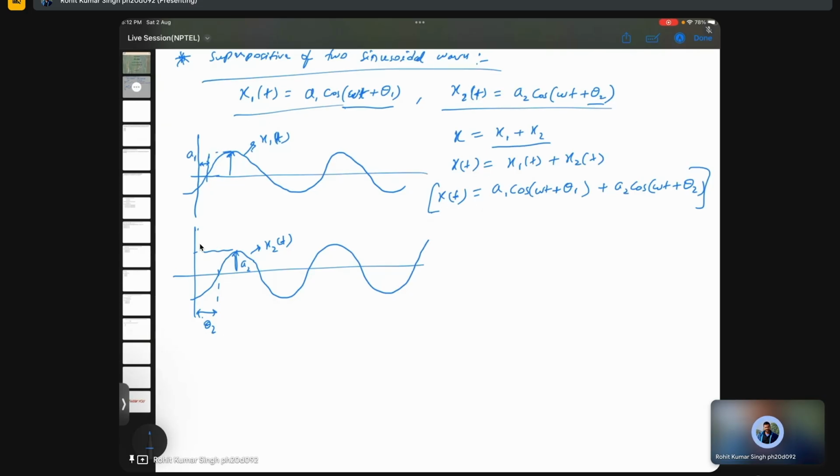But this doesn't give you much information. It looks like just another wave, but what you can do is expand it.